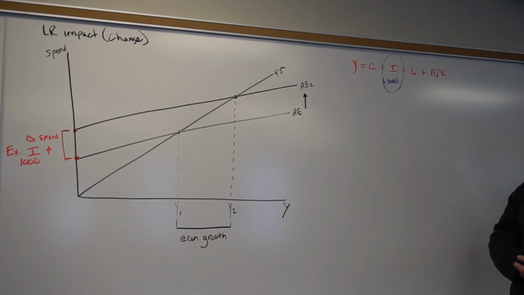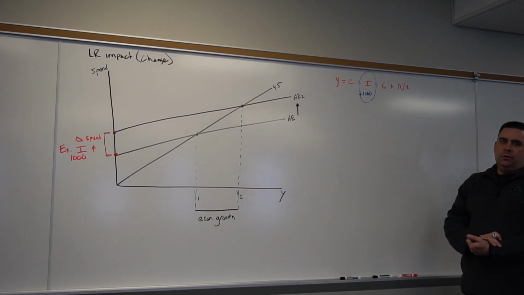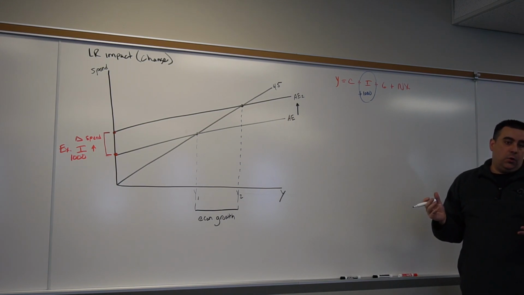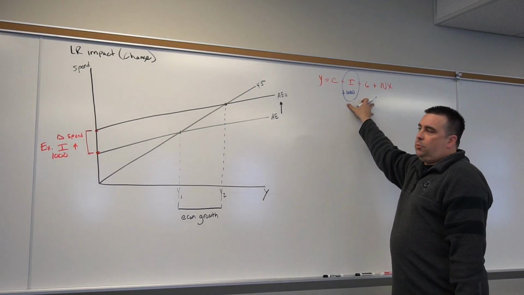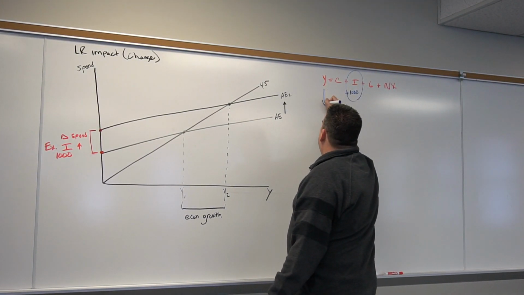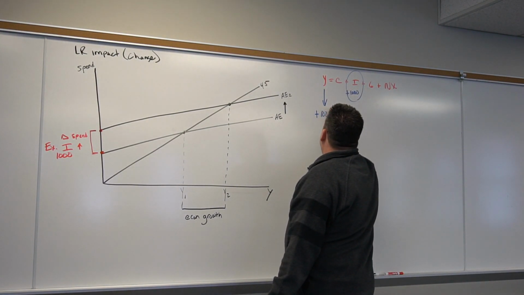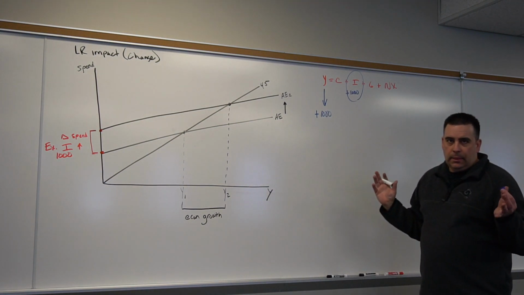Well, mathematically, how should y change? Whatever you do to one side of the equal sign, you have to do to the other, right? So I added 1,000 to the right side of the equal sign. I should add 1,000 to y.